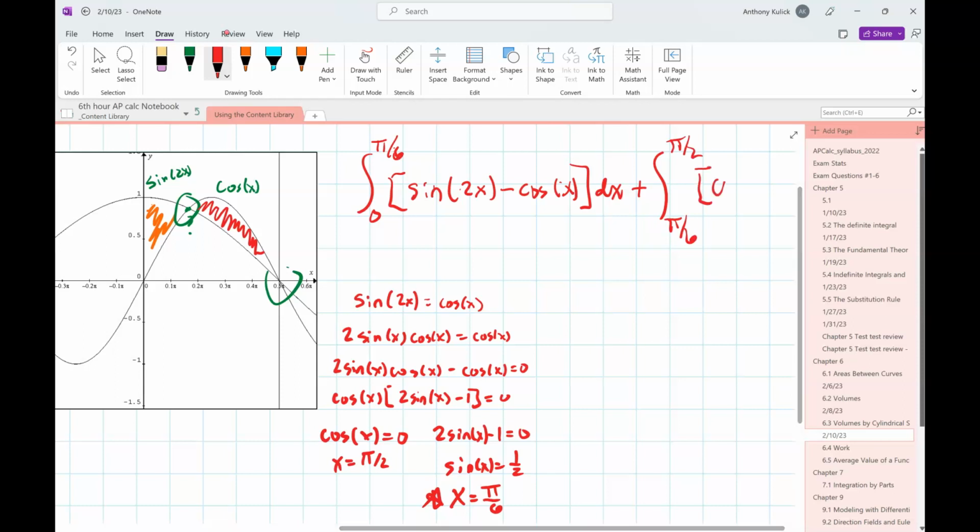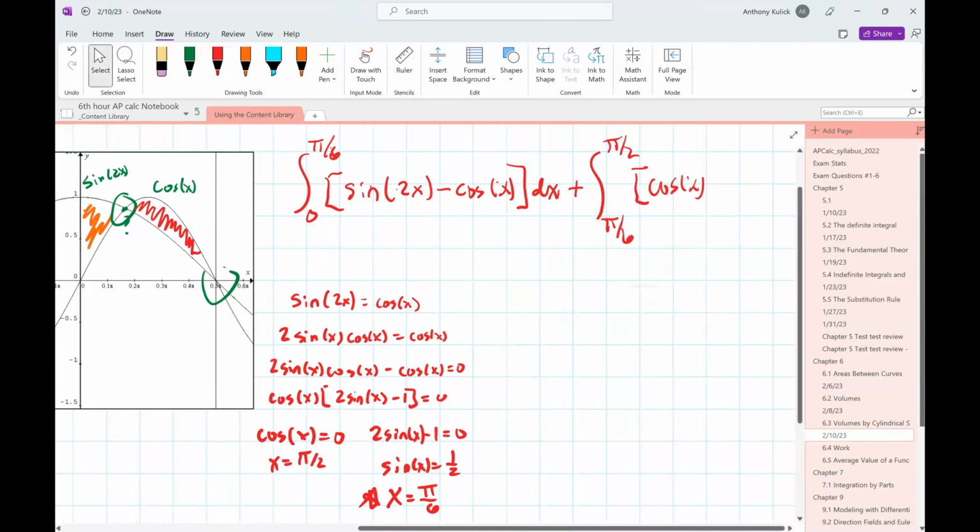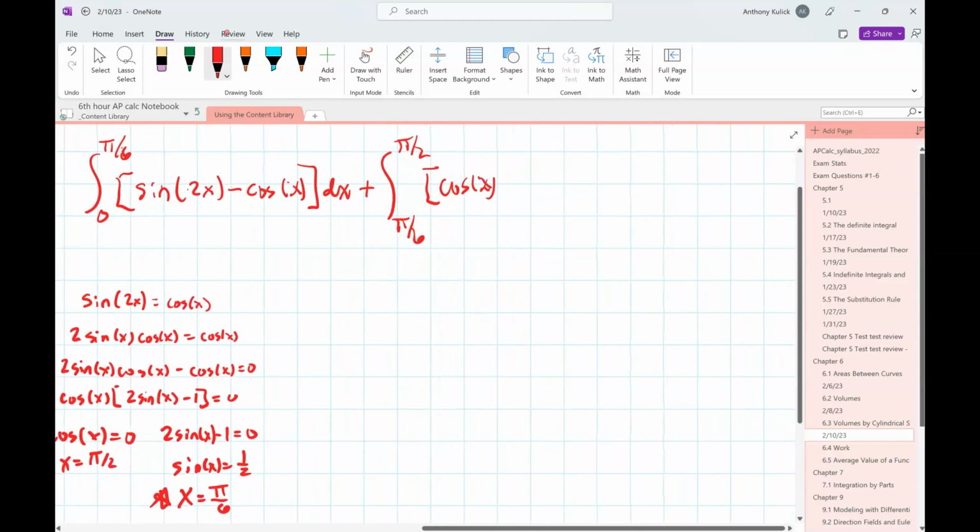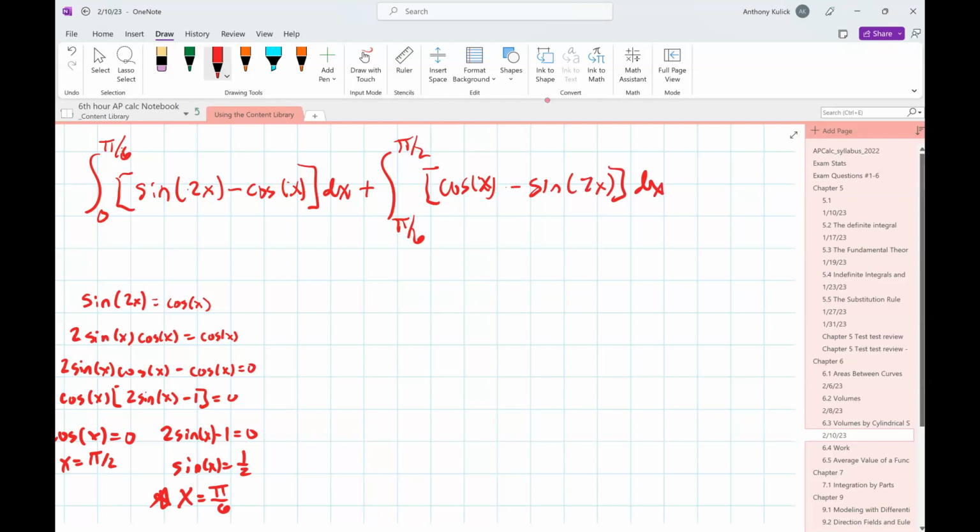And then they've swapped, so I have cosine x minus sine 2x dx. Victoria, are you feeling okay so far? Okay. From here, standard problem, just doing integration just like we did last chapter.